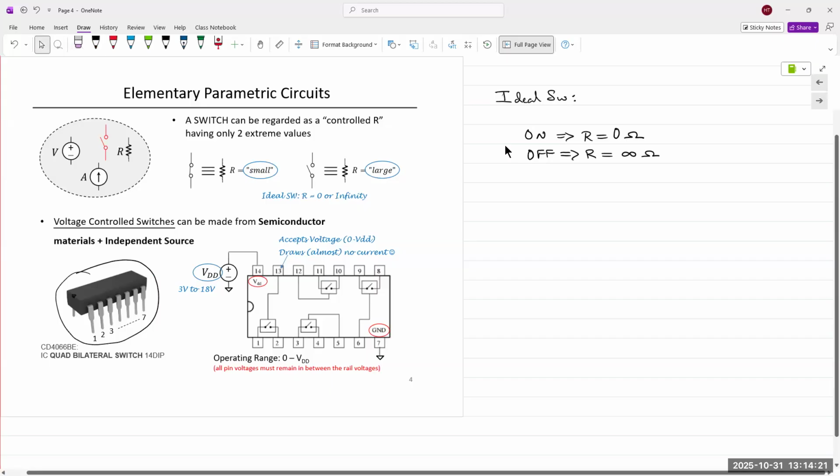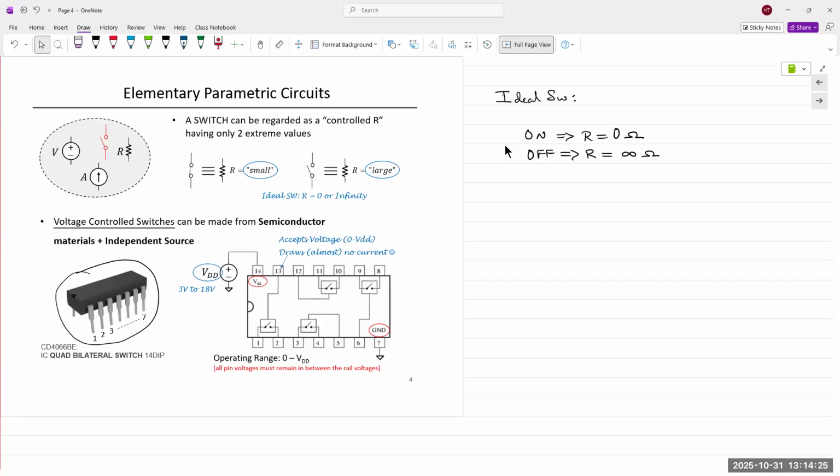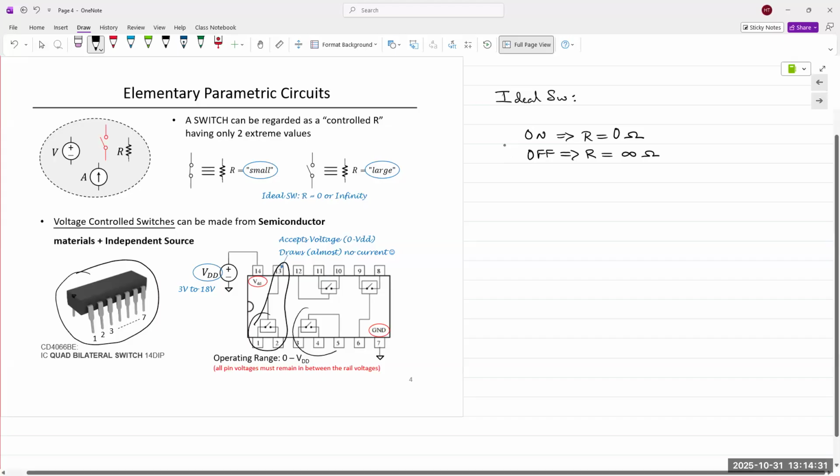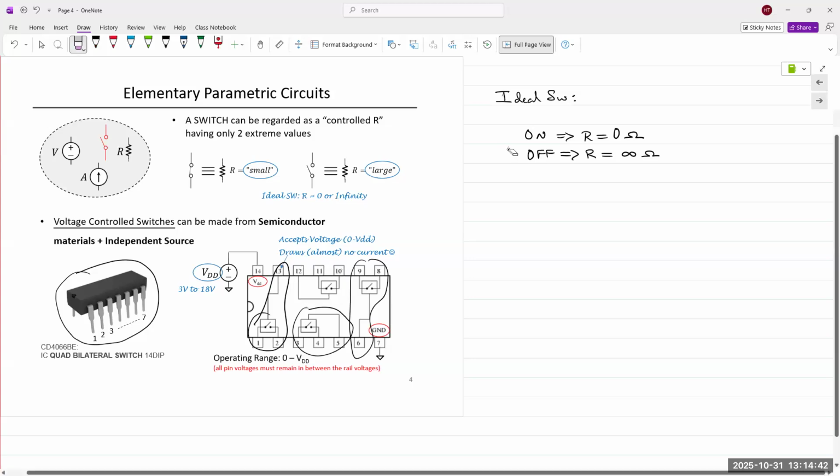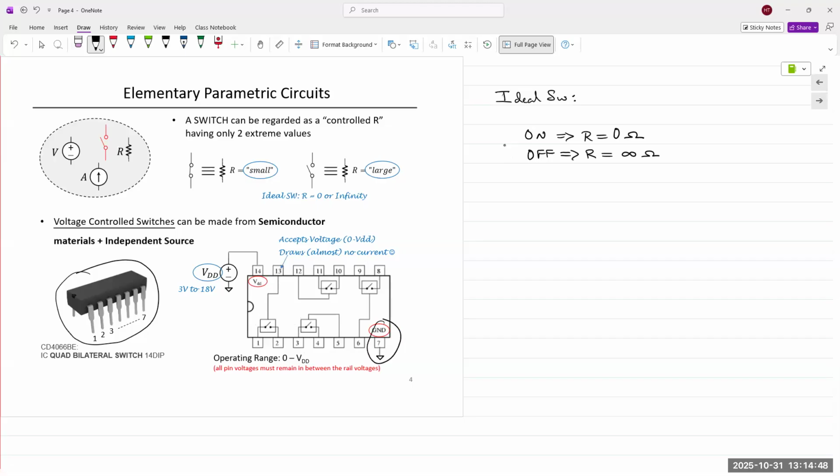It's a quad bilateral switch, meaning there are 4 switches on this chip. It's a 14-pin chip. There's 1, there's 2, there's 3, and there's 4, with 3 pins for each, so 12 pins, and then you have 1 pin for the plus 5 volt supply and the other one for ground.